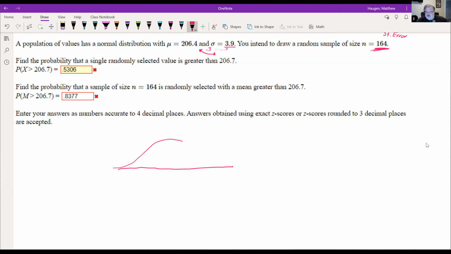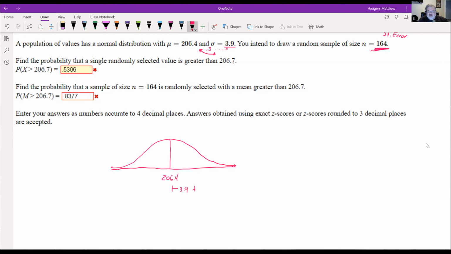Now, I have always suggested drawing these out, right? So I'm going to follow my own advice and draw it out. We have a mean at 206.4, and we have a standard deviation of 3.9.